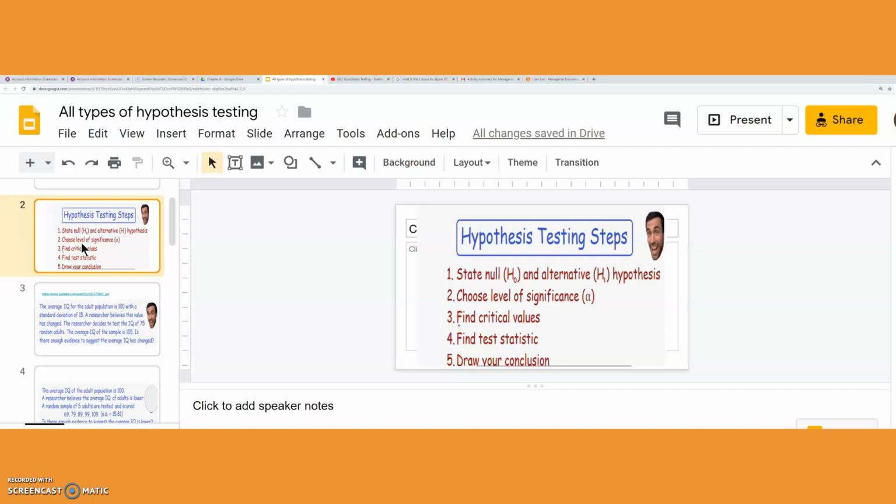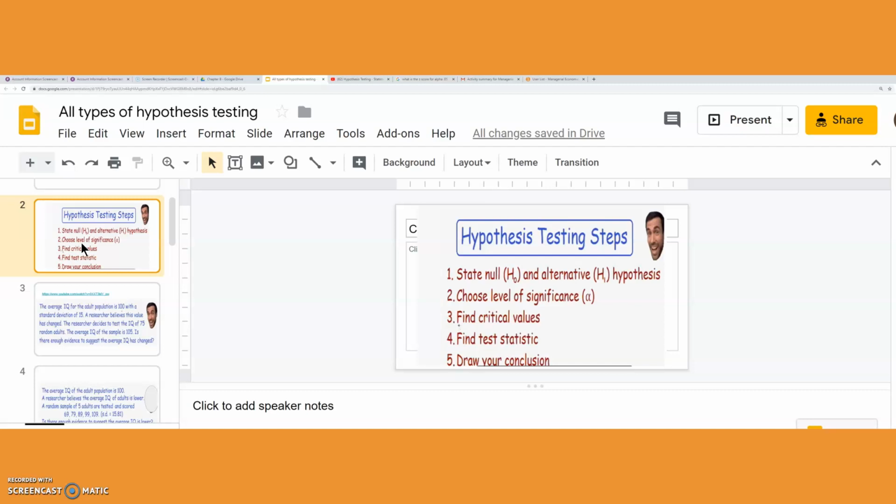The alternative is what's going to defy or go against the belief stated in the null hypothesis, the rejection of what is traditionally accepted as a common belief.